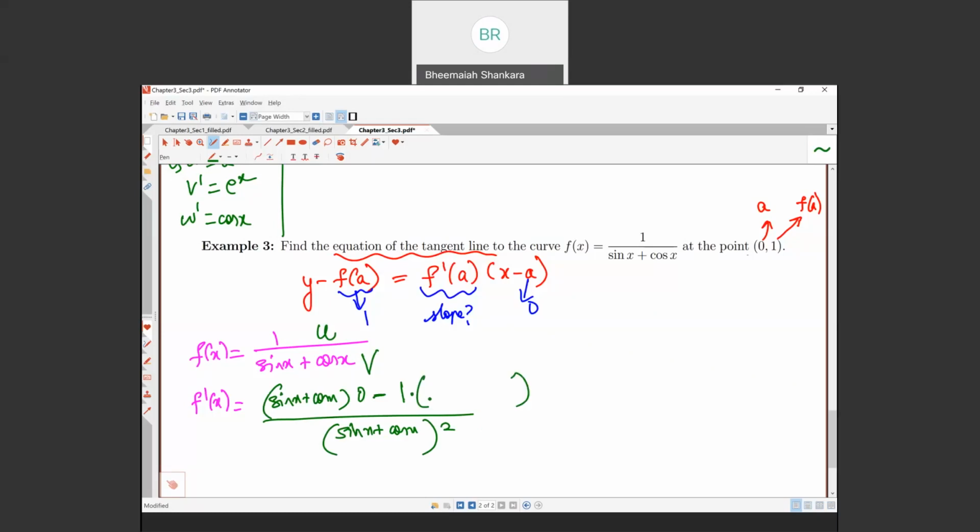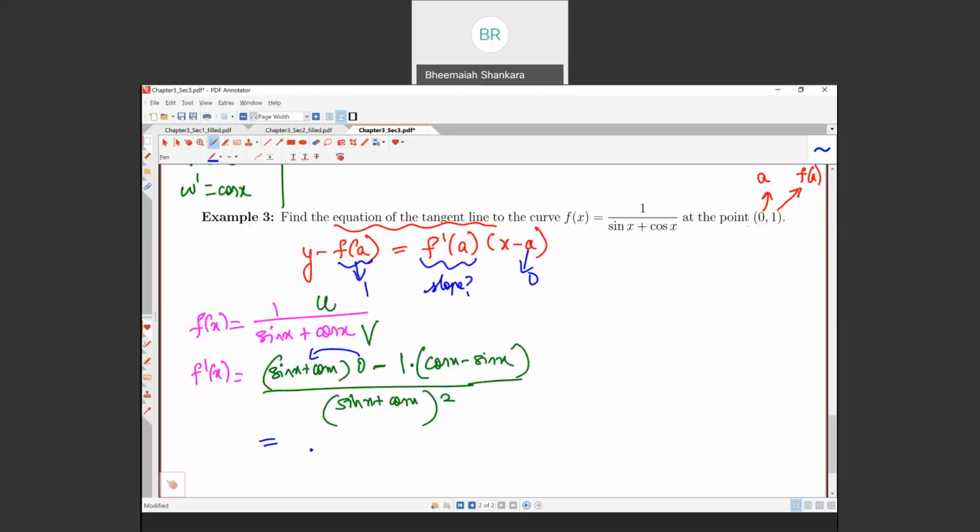Derivative of sine is cosine, derivative of cosine is negative sine. 0 times any term is 0, so the first term is gone. Just the second term, multiply out negative 1. So you have negative cosine, positive sine, divided by the square term. And then you have f prime.